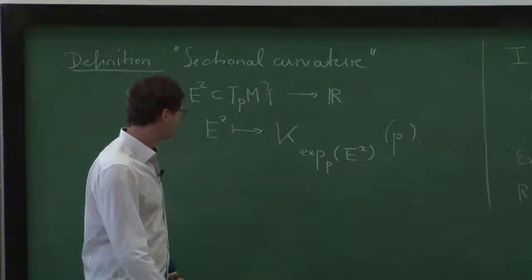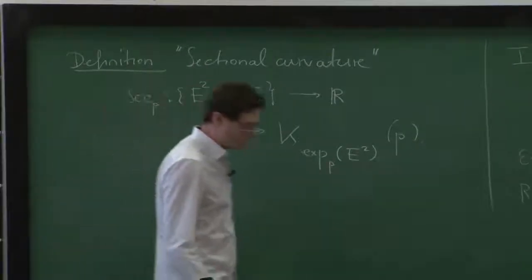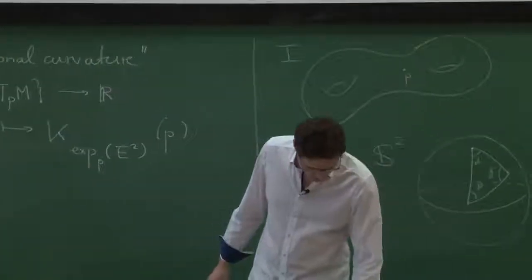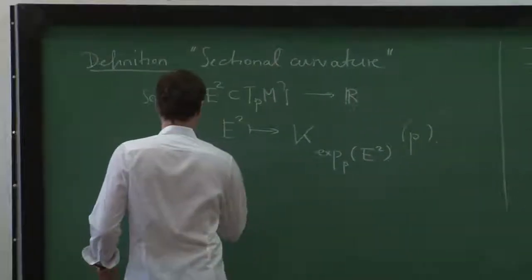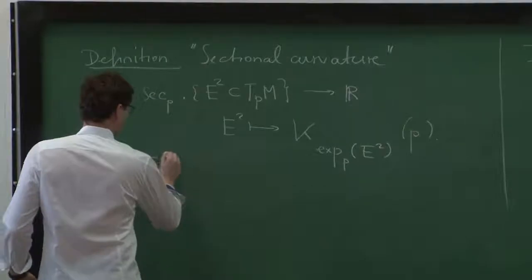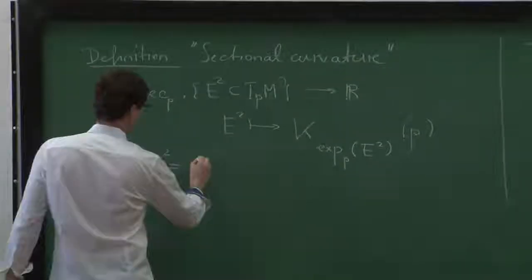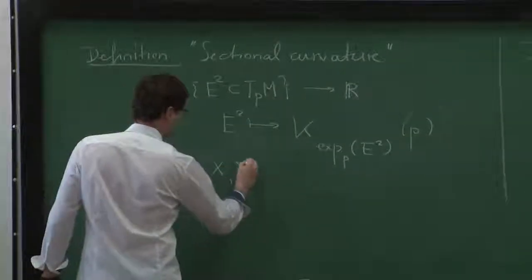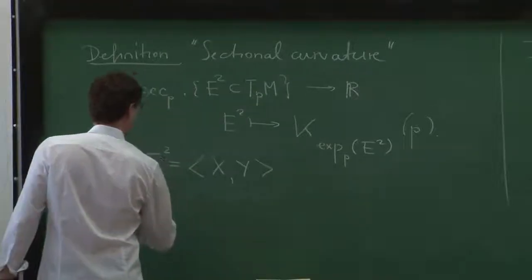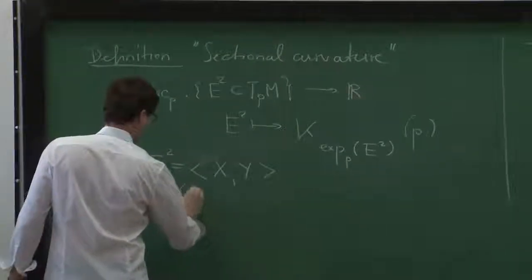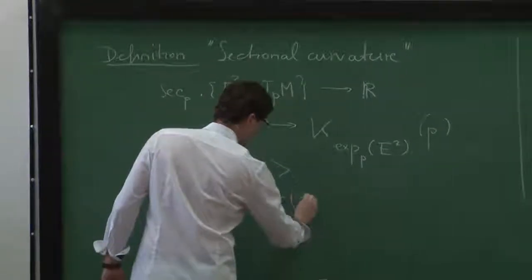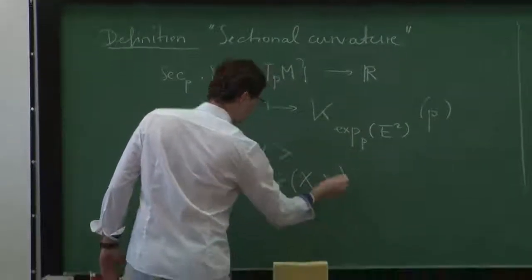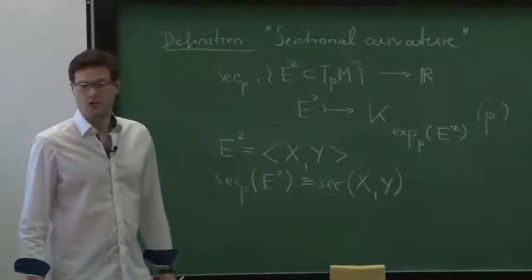Okay? Good. So this is our sectional curvature, and usually we can write our two-dimensional subspace as a span of two tangent vectors, and then we write the sectional curvature of E2 as the sectional curvature applied to two tangent vectors.